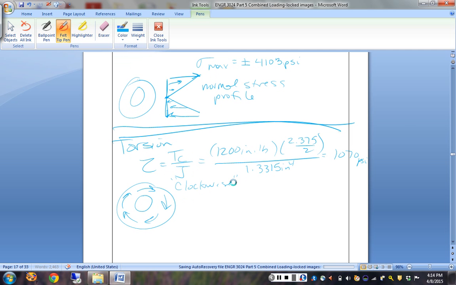Right. Normal stress, sigma, normal stress, shear stress along the face. So what would I say in an orthogonal sense, if I put it on a kind of global coordinate system, what would I say is going on at noon? I've got 1070 in the plus I direction, or in the that-away direction.